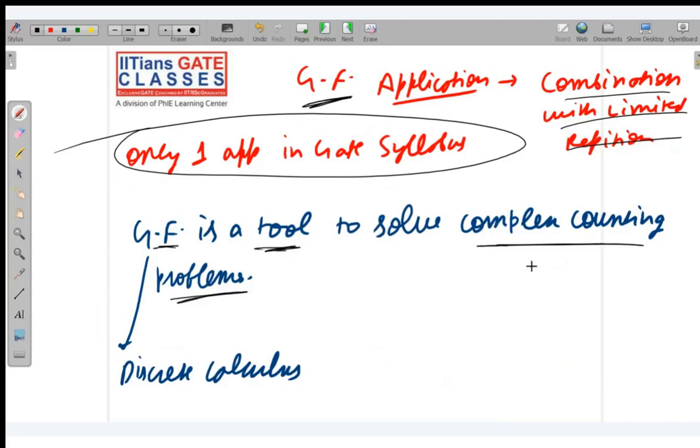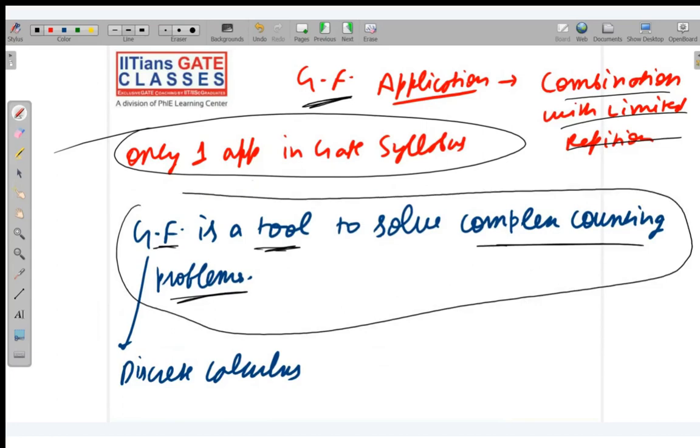If you take combinatorics in your MTech in IITs, you will study these in more detail, but it's not in our syllabus. So only one application is there in your GATE syllabus, that is combination with limited repetition, using generating functions.